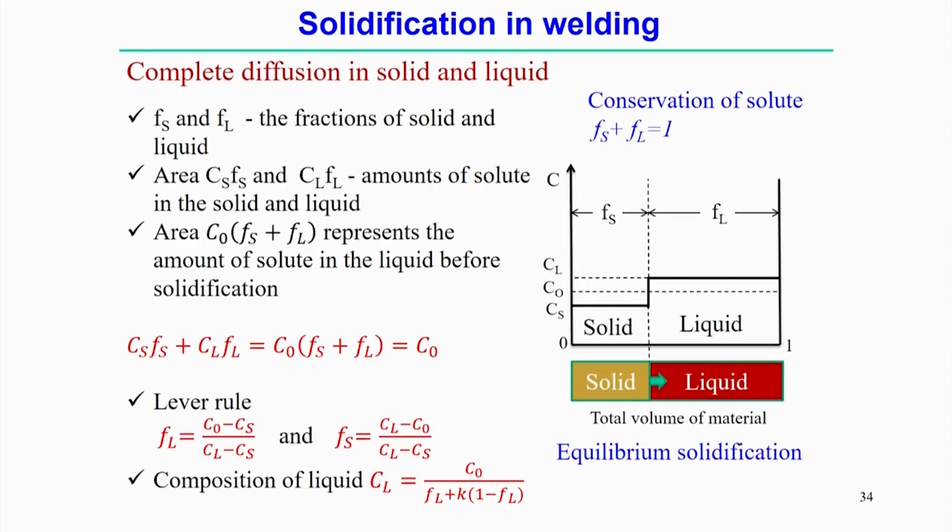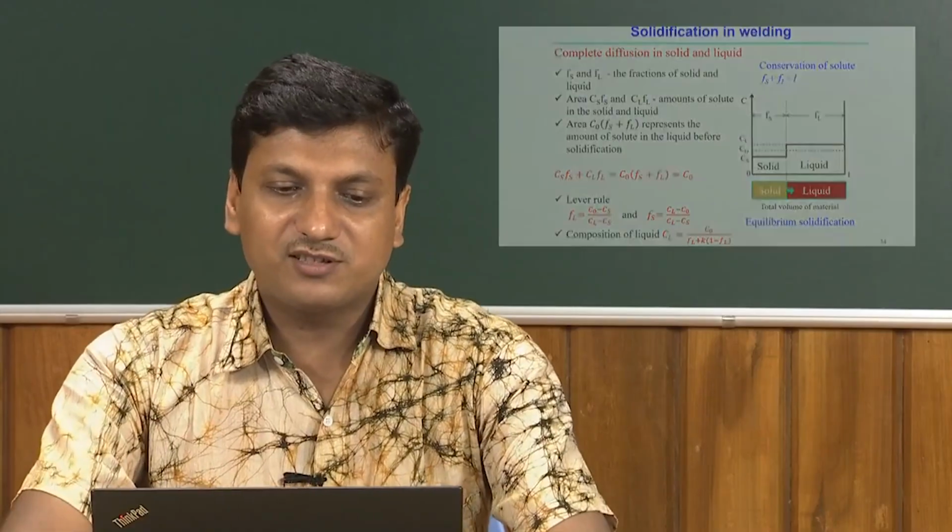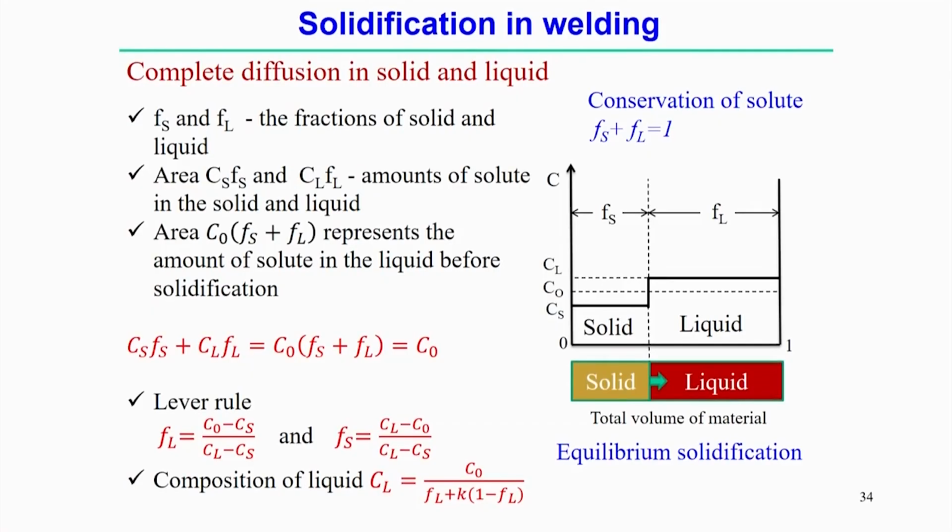So, with this understanding of the binary phase diagram during the solidification process, here we will look into other aspects: complete solidification in the welding process, with complete diffusion in the solid and liquid state. We assume the composition is chosen in such a way that there is complete diffusion in the solid and liquid state.